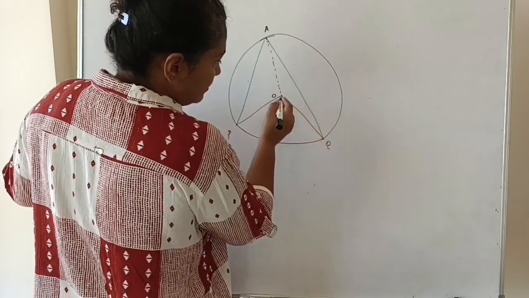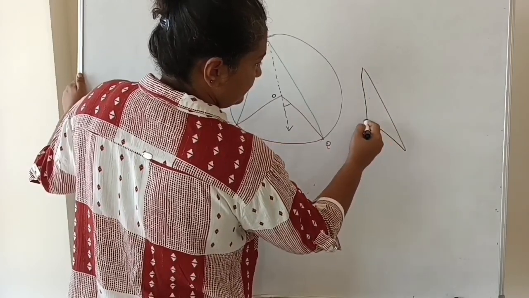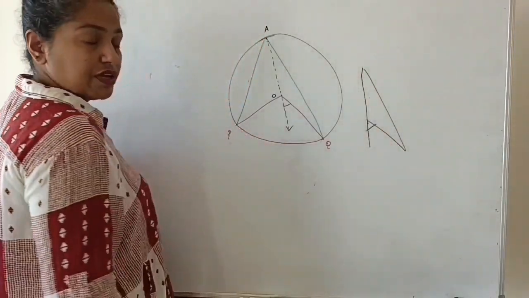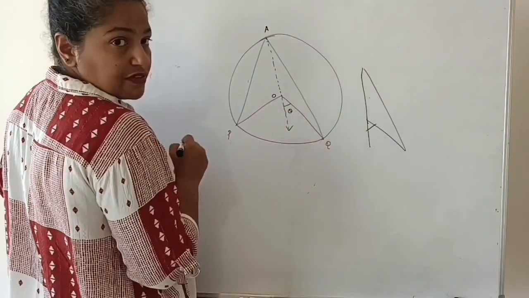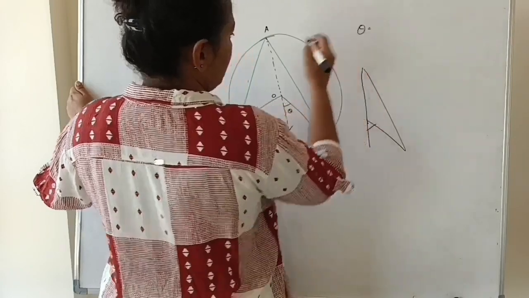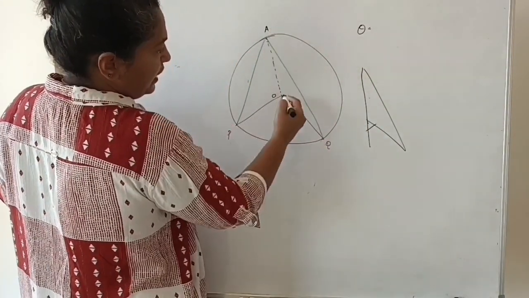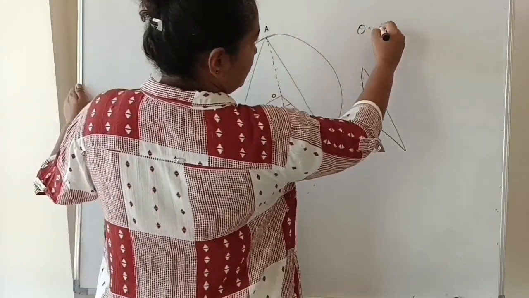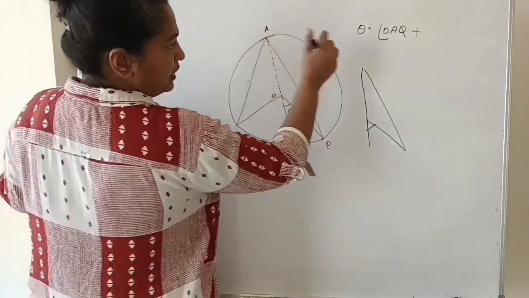I know that this is the exterior angle for this triangle. So, if this is theta, I am just calling it as theta. So, this is equal to angle OAQ plus angle OQA.